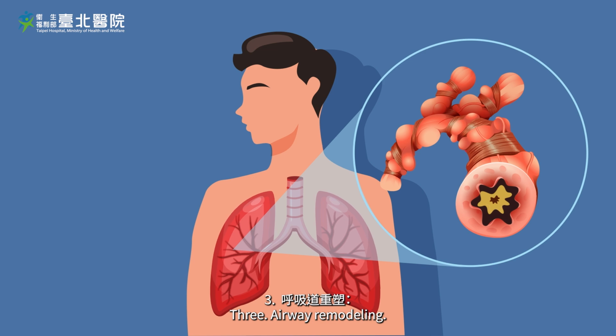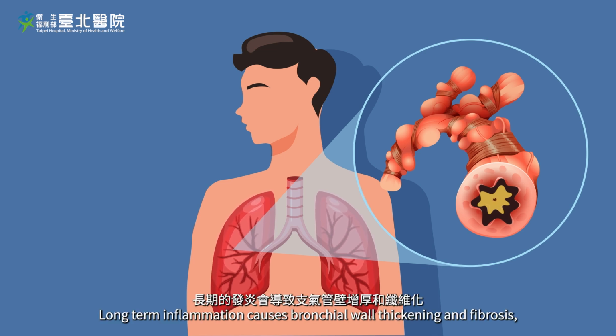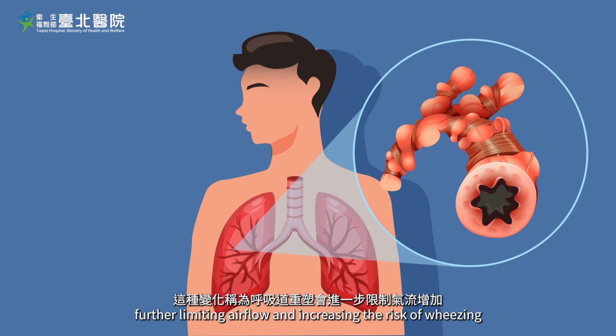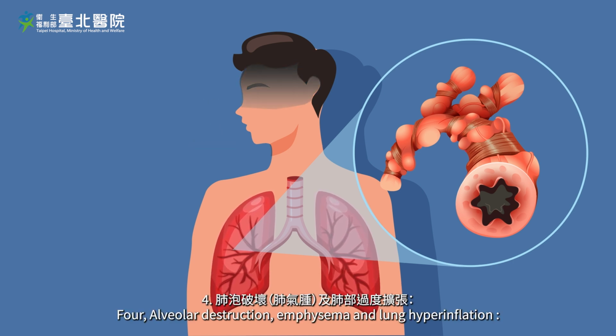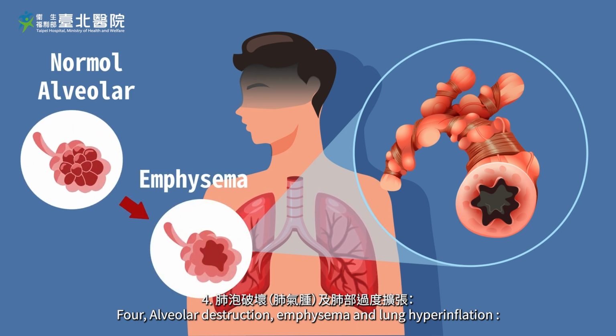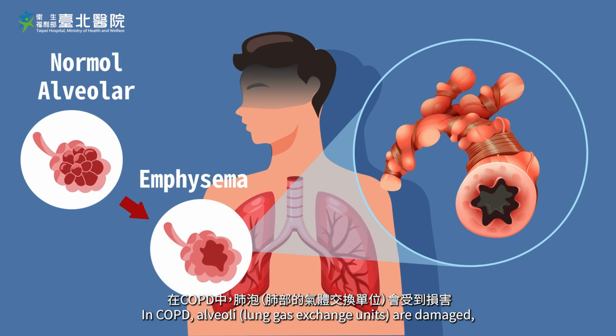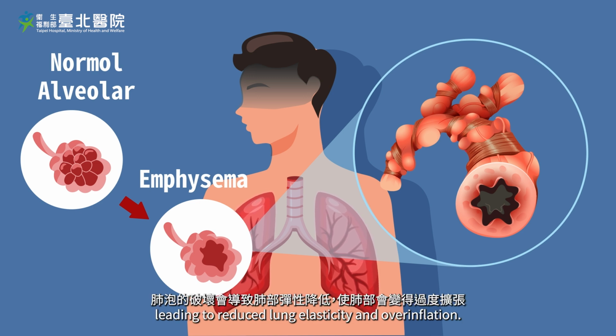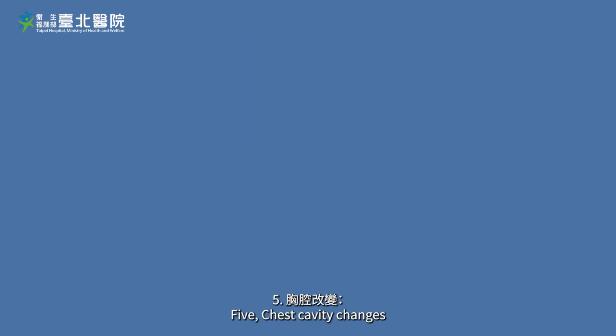3. Airway remodeling. Long-term inflammation causes bronchial wall thickening and fibrosis, further limiting airflow and increasing the risk of wheezing and breathing difficulties. 4. Alveolar destruction, emphysema, and lung hyperinflation. In COPD, alveoli, the lung's gas exchange units, are damaged, leading to reduced lung elasticity and overinflation. 5.